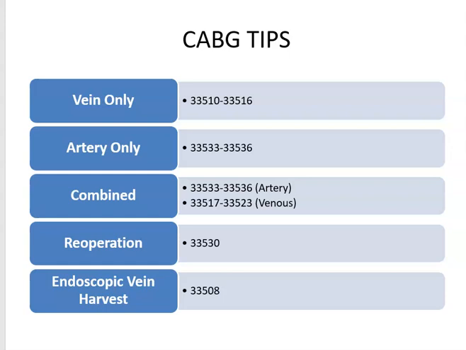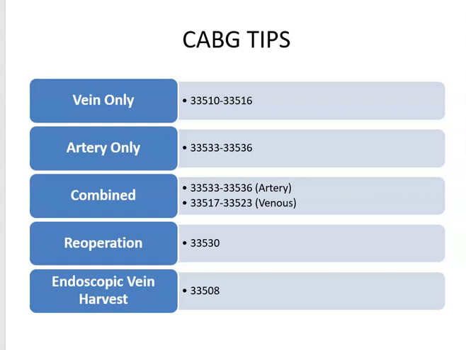Now, if the surgeon does an arterial graft only, if you turn over to page 233 in your CPT manual, you'll see that we have codes 33533 through 33536 to reflect the arterial portion of the surgery only.